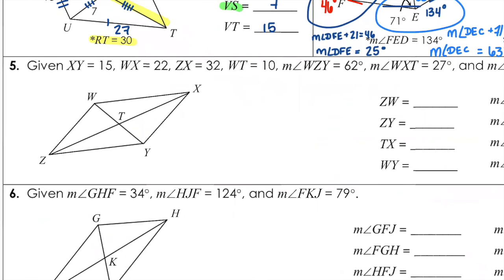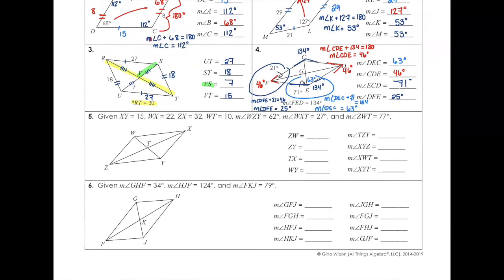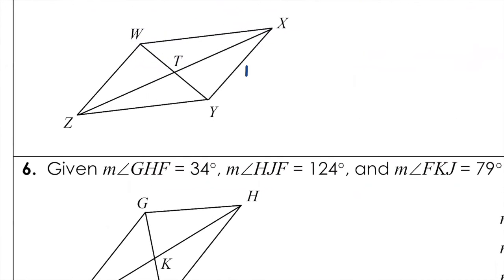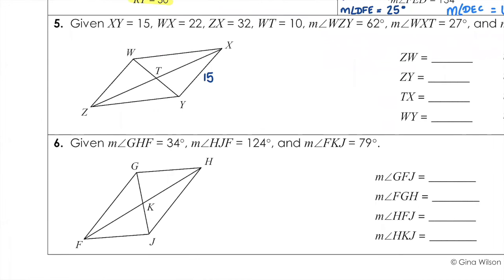So let's have some more fun. It says XY is 15. So that's this side, 15. WX is 22. ZX is 32. So that's this full diagonal here. And then WT is 10.